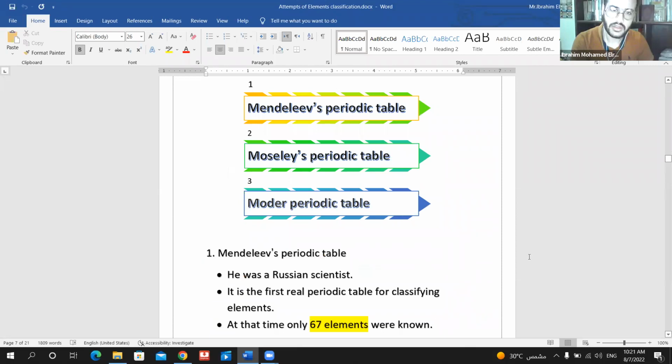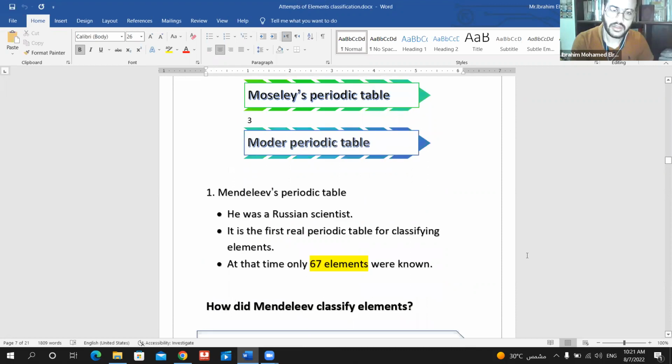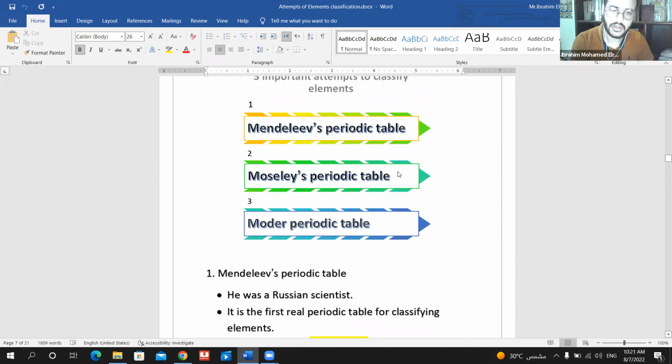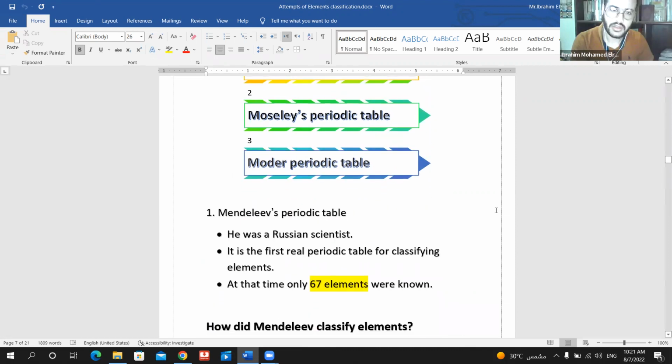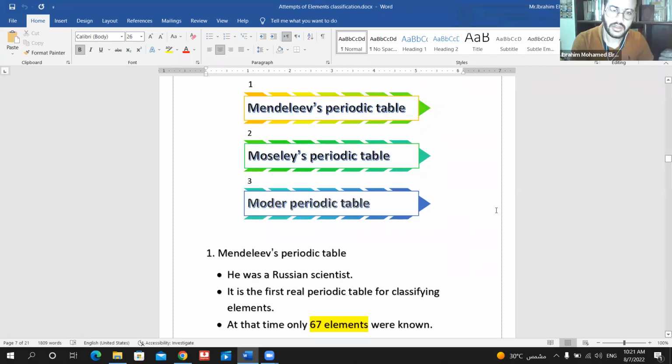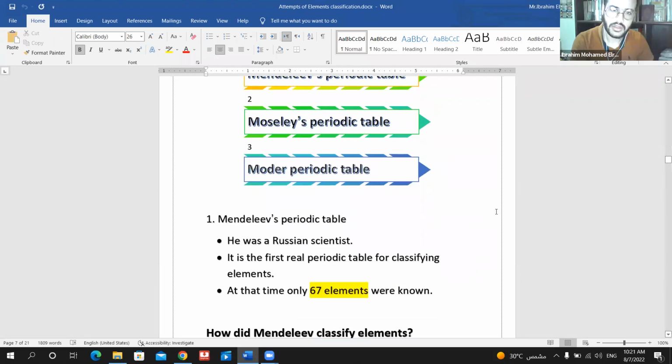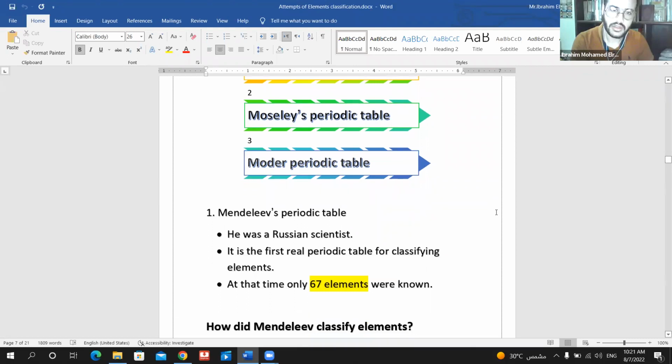He was a Russian scientist, and the periodic table of Mendeleev was the first real periodic table in history. So in the test, if you have to complete and it asks you who made the first real periodic table, you have to write Mendeleev.